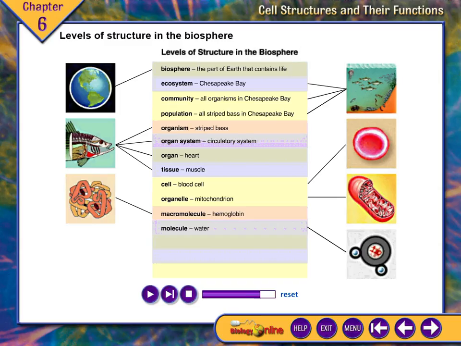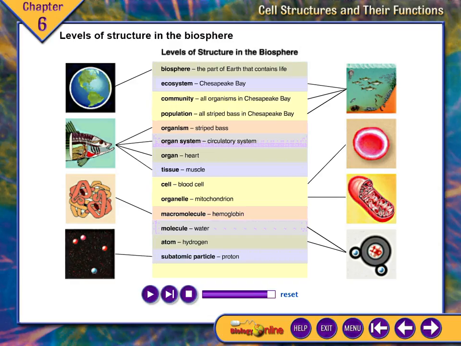Macromolecules are built from molecules, which are combinations of atoms. Atoms contain subatomic particles, including protons, which in turn are formed from elementary particles, such as quarks. Where would you draw a line to distinguish between life and non-life?